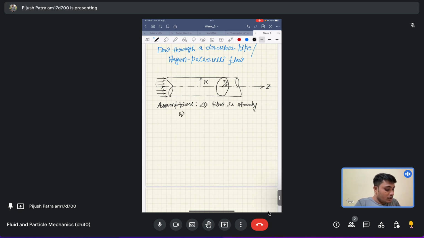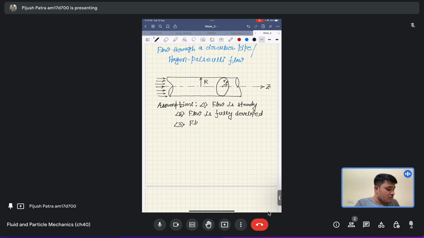The number two assumption is that flow is fully developed. I will go through what I mean by fully developed flow in a minute.